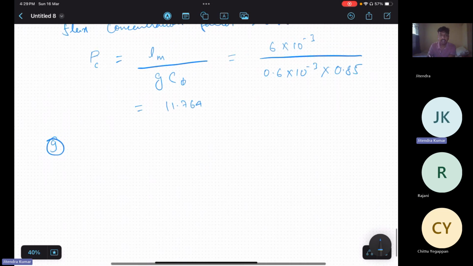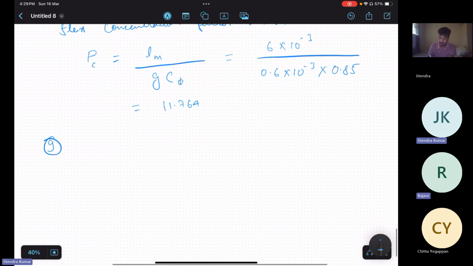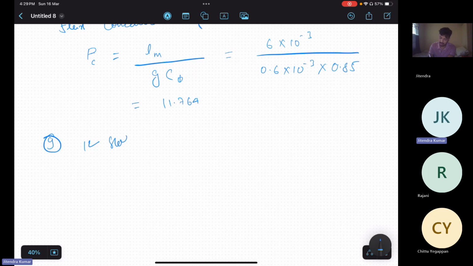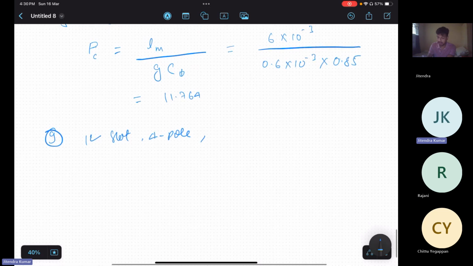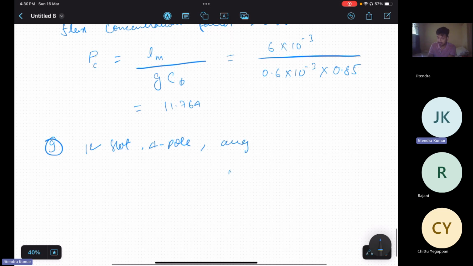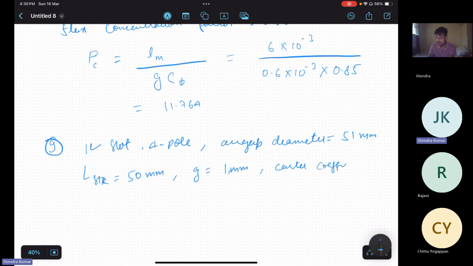Here it is mentioned that we have a 12 slot, four pole motor with air gap diameter 51 mm, a stack length as 50 mm, air gap length as 1 mm, Carter coefficient 1.0086, magnet length is 5.5 mm, recoil permeability is 1.1.